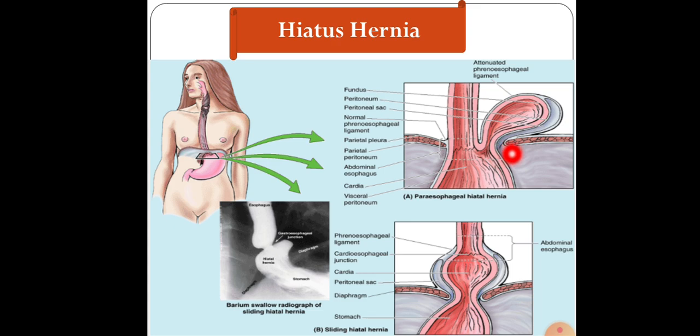This is known as paraesophageal hiatus hernia. When the cardia and part of the stomach project through the diaphragm into the thoracic cavity, it is known as a sliding hernia. This hernia is more common in middle age due to weakness of the muscular part of the diaphragm and widening of the esophageal opening of the diaphragm.